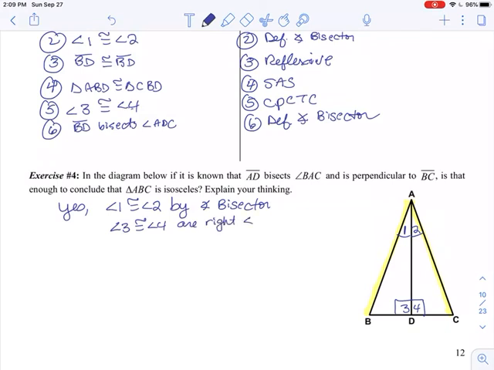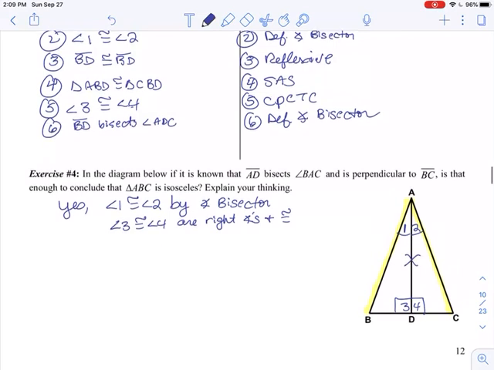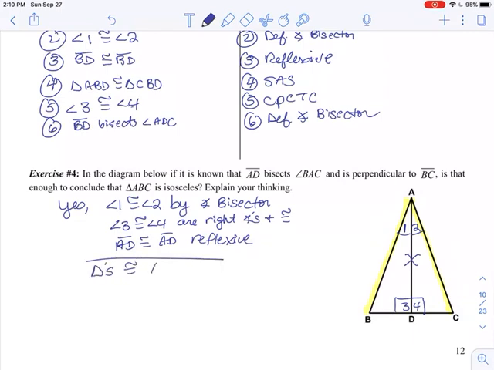So angle 3 and angle 4 are right angles and congruent. Okay, and they also share this side in the middle. They share AD. AD is congruent to itself. AD is congruent to AD by reflexive property. Okay, therefore my triangles are congruent by angle side angle.